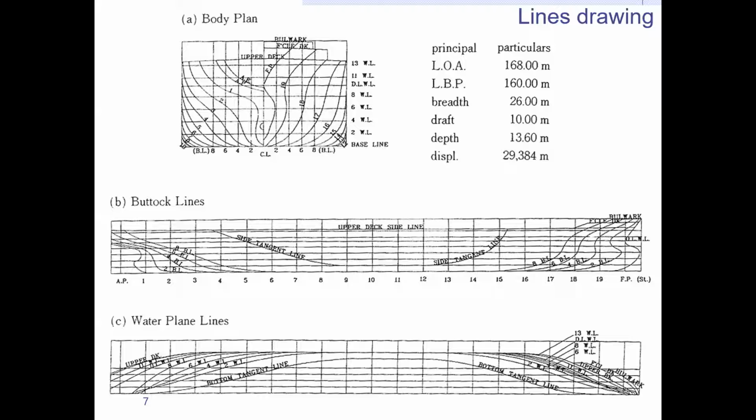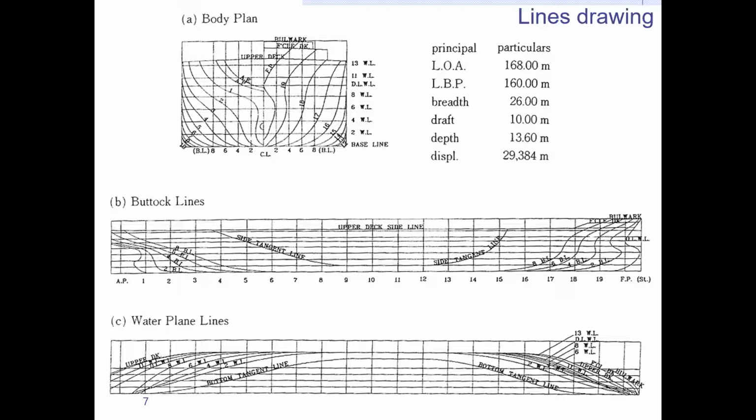See, one single ship can be compared to a fish. If you cut the fish into several pieces, each cut section can be shown as a sectional view or sectional drawing, and that is collected as a body plan.